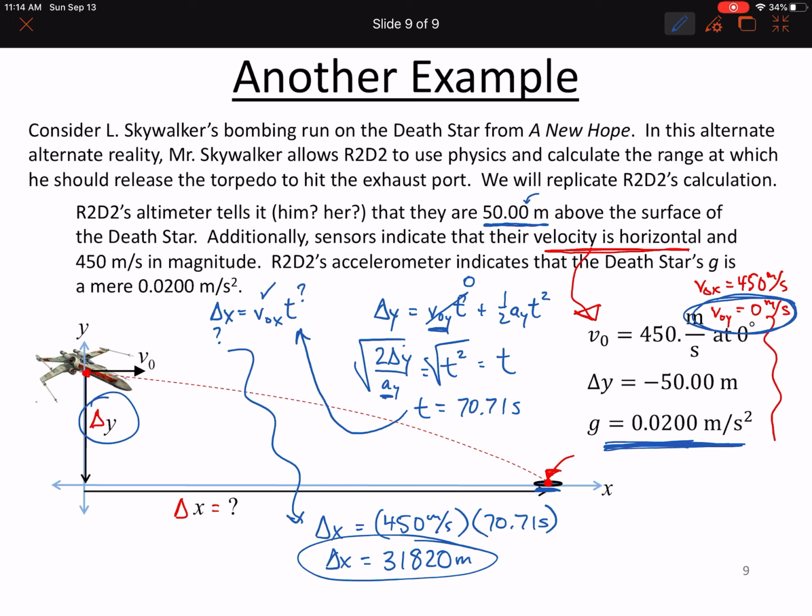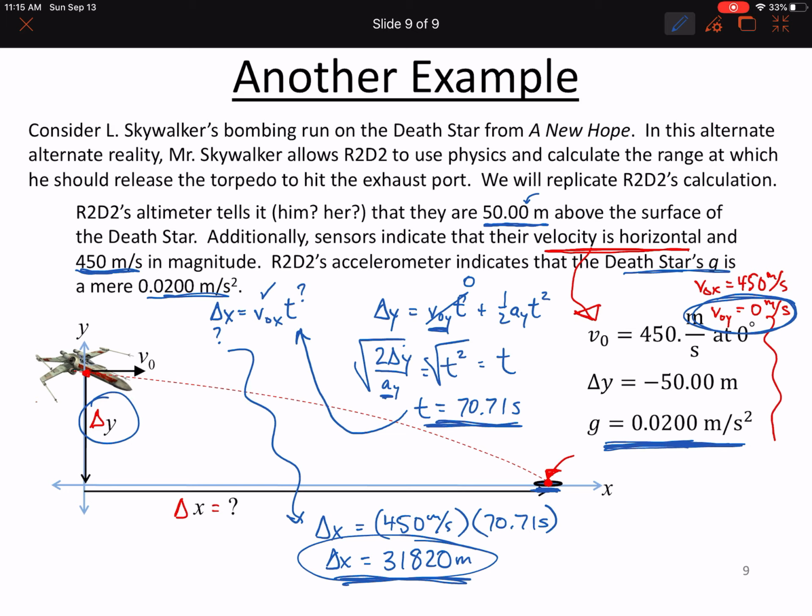Because the time is so large, such tiny differences will affect this result by a few meters or something like that and miss the exhaust port. So there's definitely a precision issue here. We better hope his altimeter is really good and his measurements of the Death Star's g is also really good, and also that the measurement of this velocity is really good, or we'll miss the target.